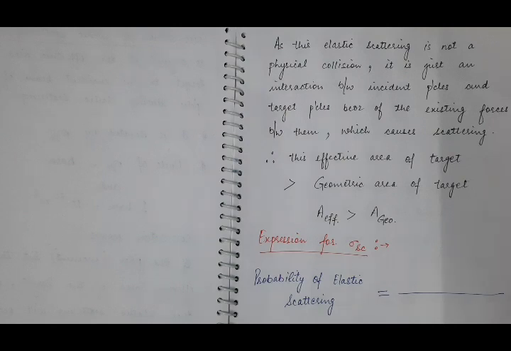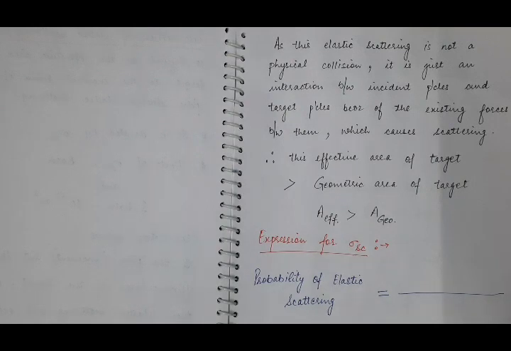They get deflected from their normal path. That is known as collision in physics. So it is not a physical collision. It means this collision or scattering arises just from the interaction between the two particles. So the effective area of the target particle, which will cause this elastic scattering, can be greater than its geometric area.